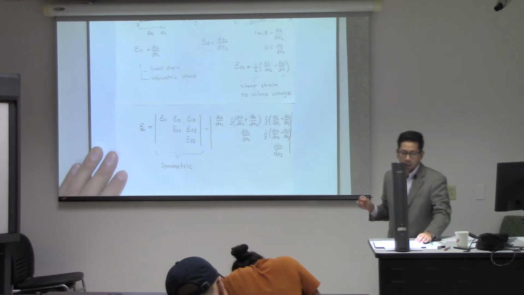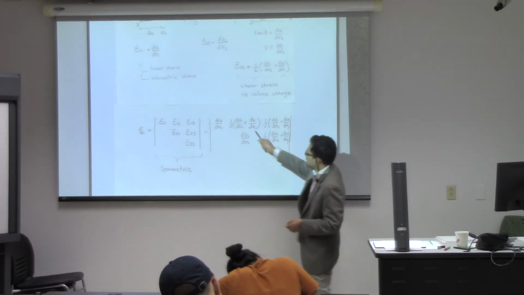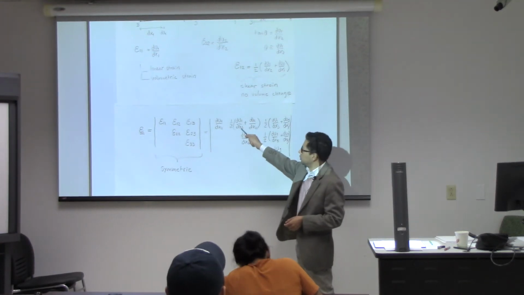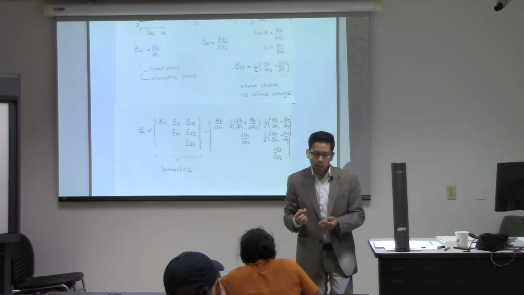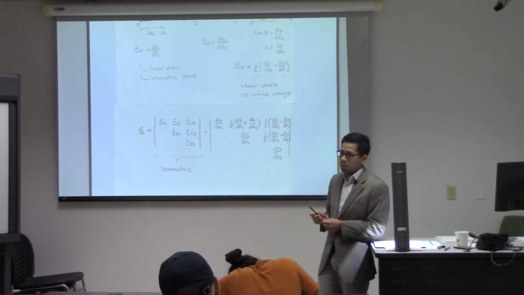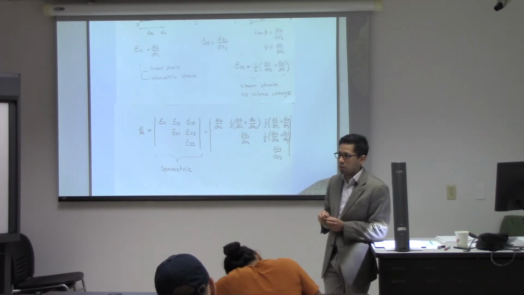I'm going to come back later on. I'm kind of skipping something here, but notice that here we're talking about displacement. U is a displacement. And we're going to see later on an analogy of how, for example, when you solve a fluid flow equation, what do you solve for usually?